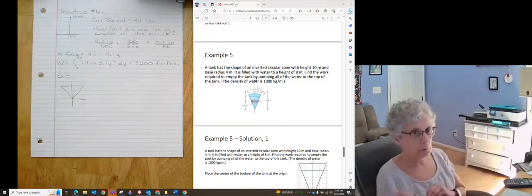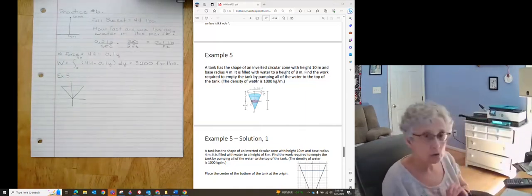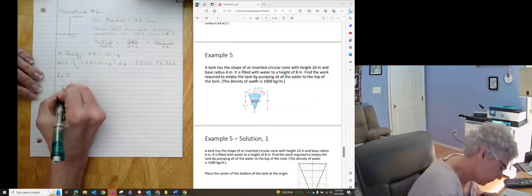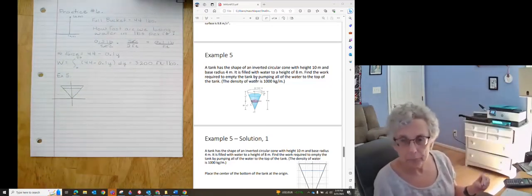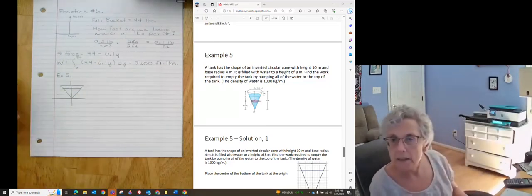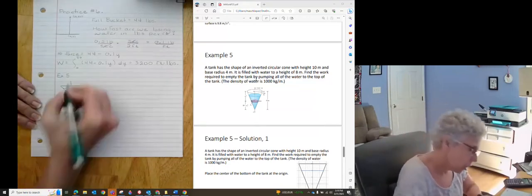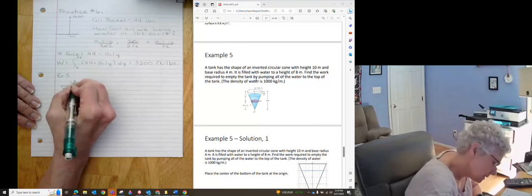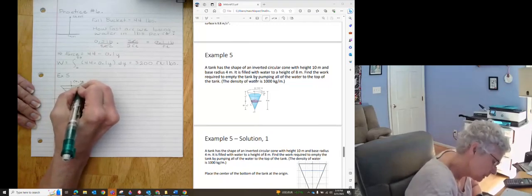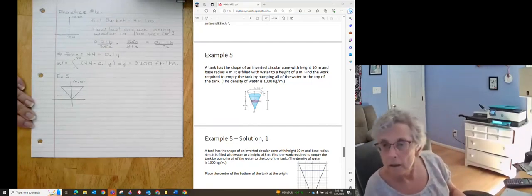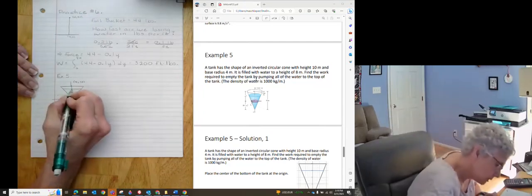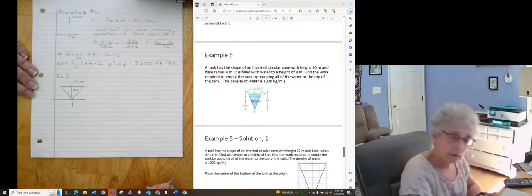I know I have a really pretty picture over there, but I always draw them anyway. Now I'm labeling it. It is 10 meters tall, so this would be the point 0, 10. It's filled with water to a height of 8 meters, so this is the point 0, 8.